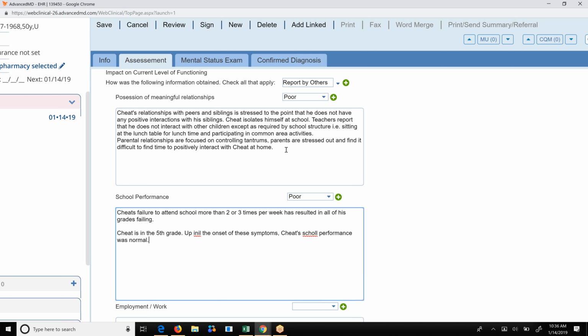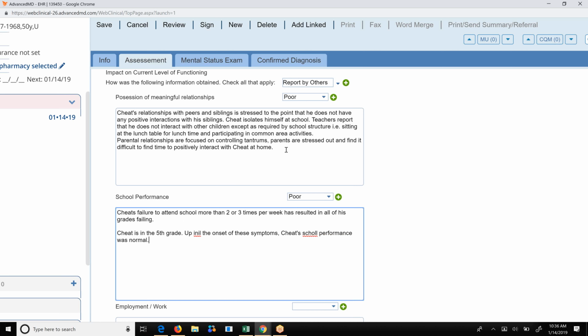Parental relationships are focused on controlling tantrums. Parents are stressed out and find it difficult to find time to positively interact with Cheat at home. I mean, that paints a pretty good picture of what the interpersonal interactions are like for this particular client.